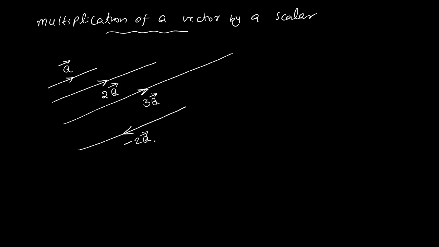Minus 2a means 2 times the distance of a, but in the opposite direction. Minus 3a means 3 times the distance covered by the first person, but in the opposite direction. This is the geometrical method of finding the multiplication of a vector by a scalar.